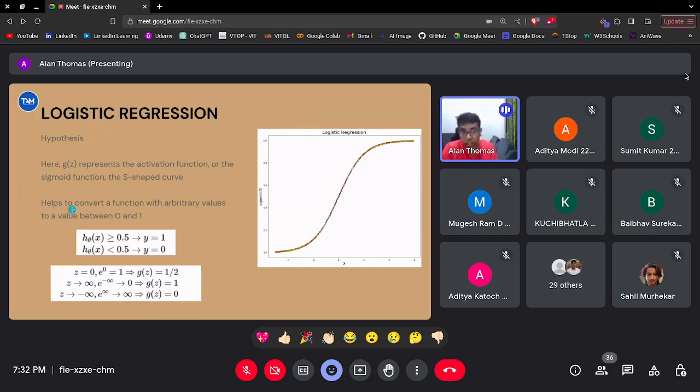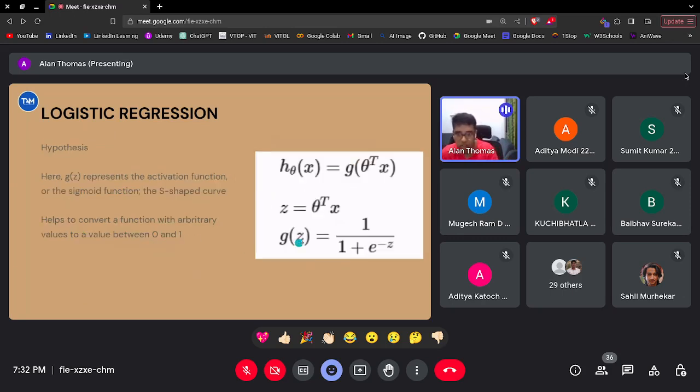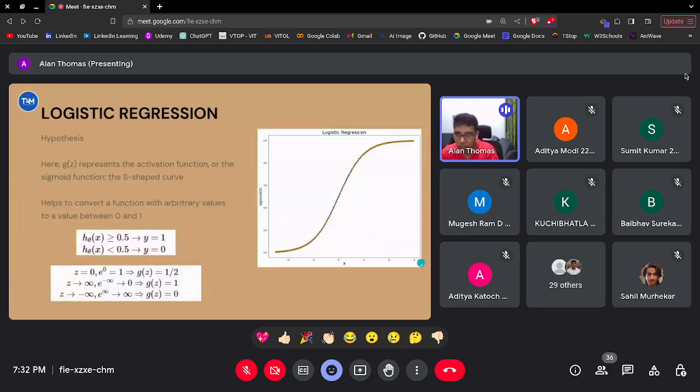So, as I said, it helps to convert a function with arbitrary values to a value between 0 and 1. Why is this important? You want to classify these into either yes or no. So suppose my value z was 6. The sigmoid function gives me a value somewhere here, which is above 0.5.